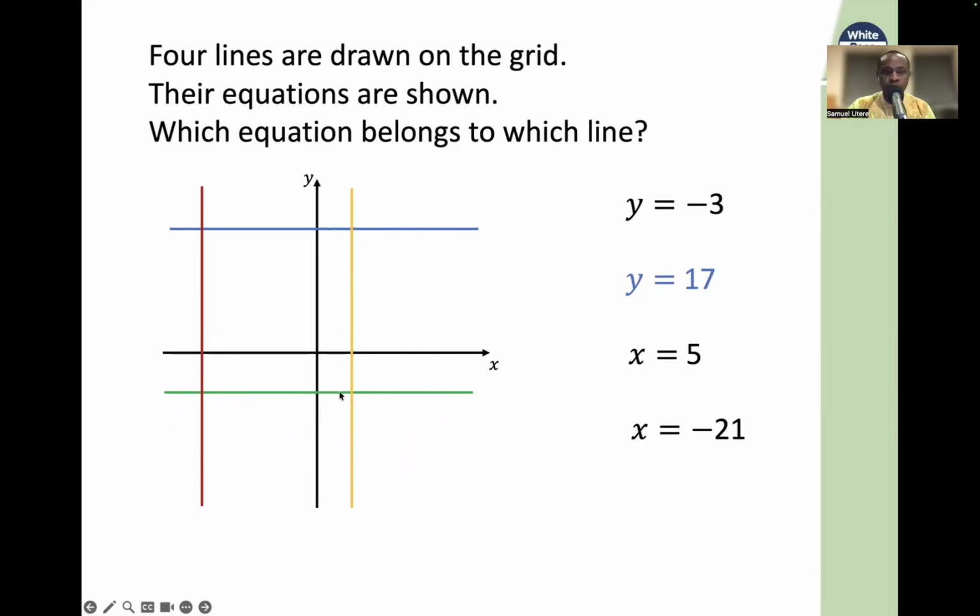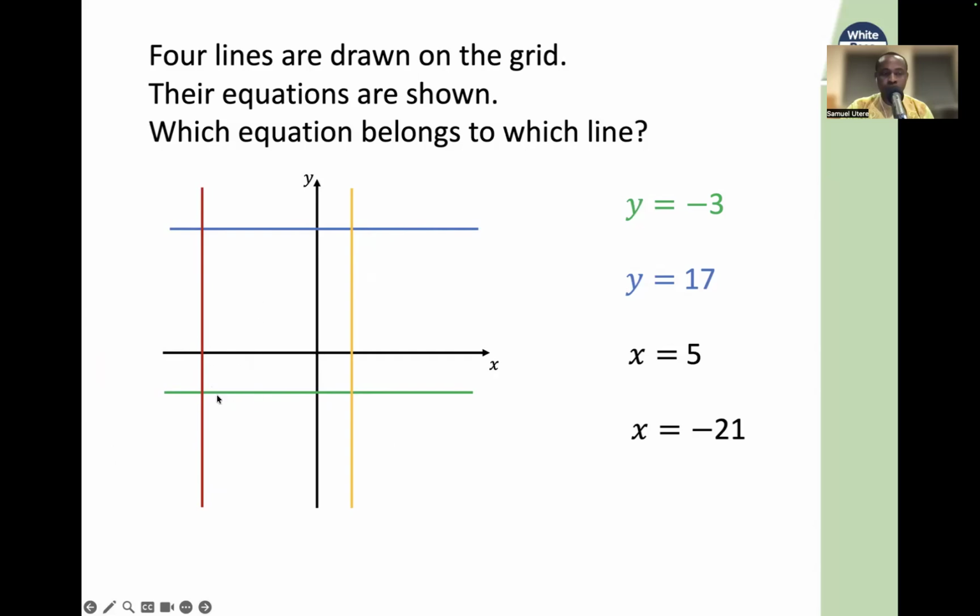What about the green? We can see that the green is on the part of the y-axis where the y values are negative. So it's going to have to be y equal to -3 because there is no other equation that has y equal to -3. What about the red? We can see that this is on the part of the Cartesian plane where x has to be negative.